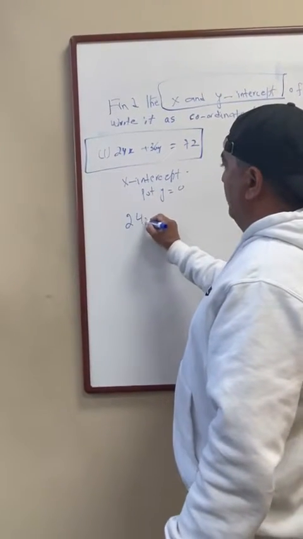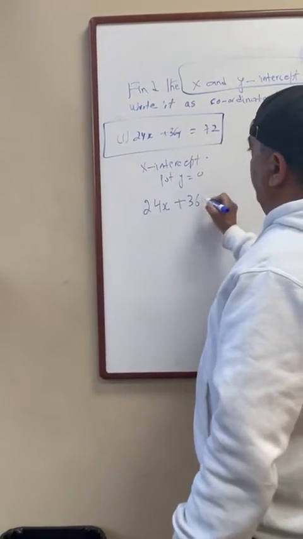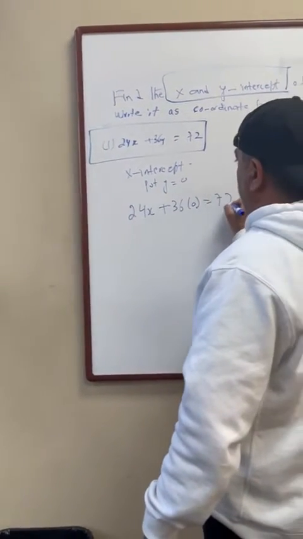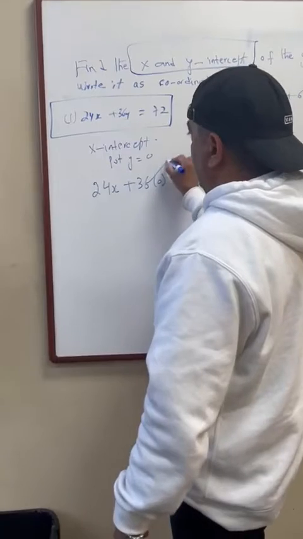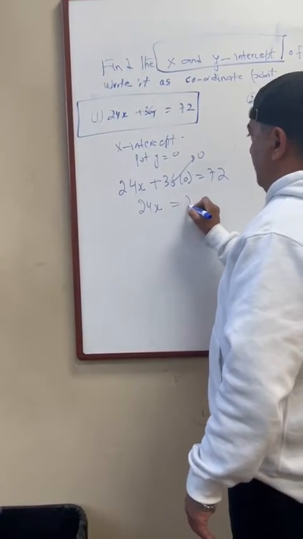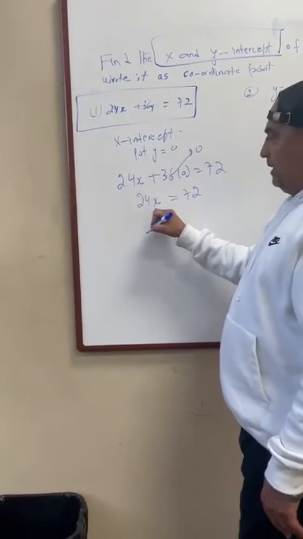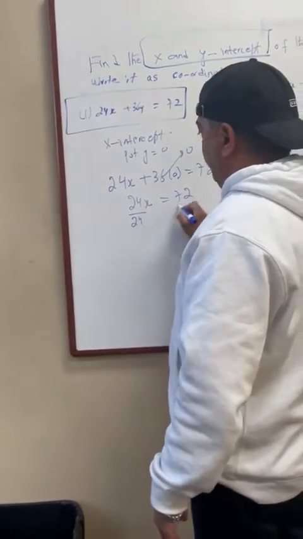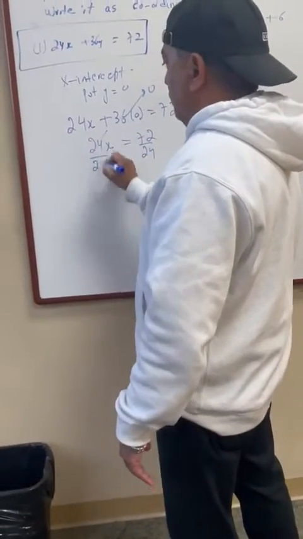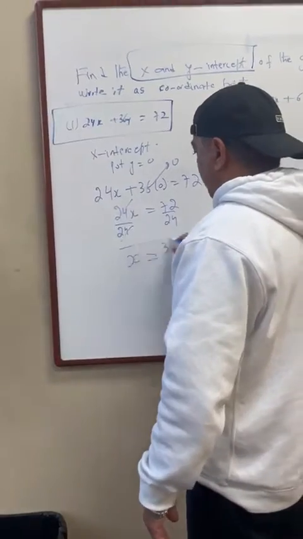So my equation will be 24x plus 36 times 0 is equal to 72. 36 times 0 is 0, so this will give you 24x is 72. Then in order to find the value of x, we divide by 24 on both sides. 24 cancels out. 72 divided by 24 will give you 3.